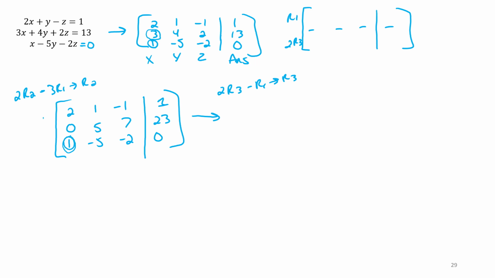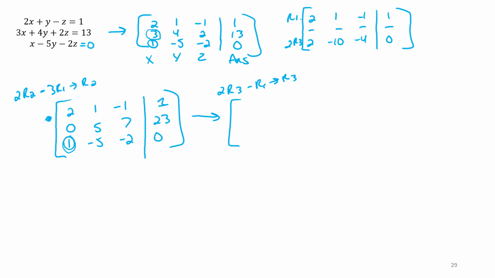We're going to be using this last matrix that we had. So we'll have 2, 1, -1, 1. 2 times 1 is 2. 2 times -5 is -10, excuse me. 2 times -2 is -4. And 2 times 0 is 0.